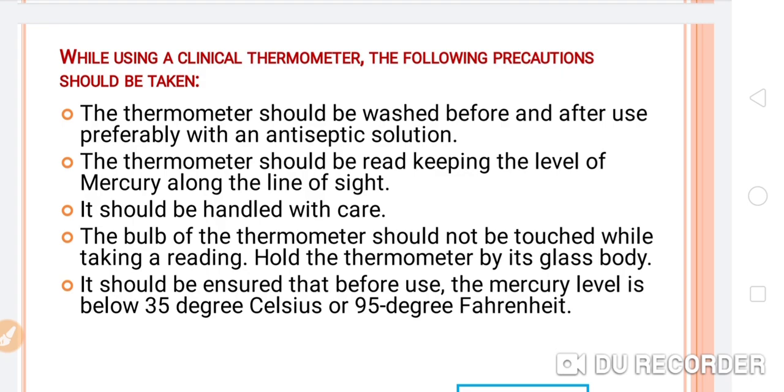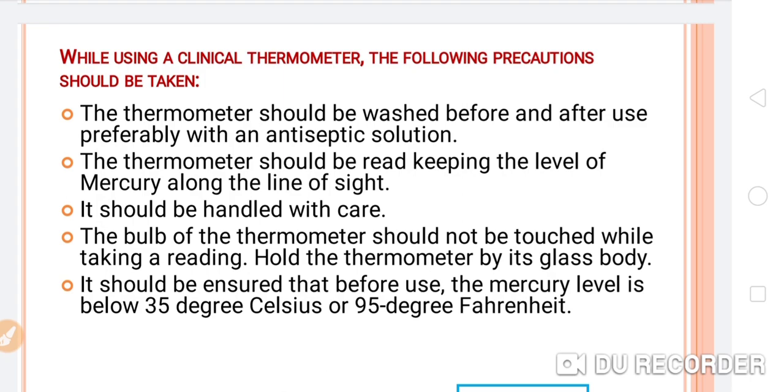Now next, the thermometer should be read keeping the level of mercury along the line of sight, and it should be handled with care. The bulb of the thermometer should not be touched while taking the reading. Hold the thermometer by its glass body, not from the end.